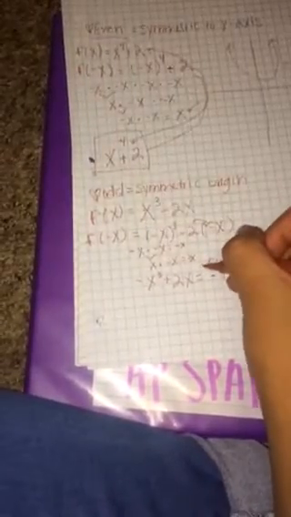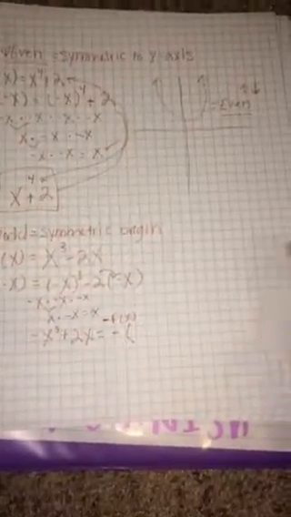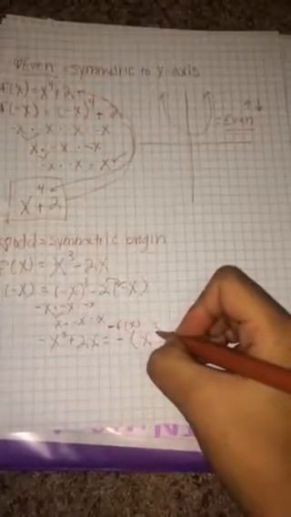Plus 2x is equal to, we make everything negative, because remember it's negative f of x for an odd function. So negative f of x is negative, x cubed minus 2x. We use the original function.